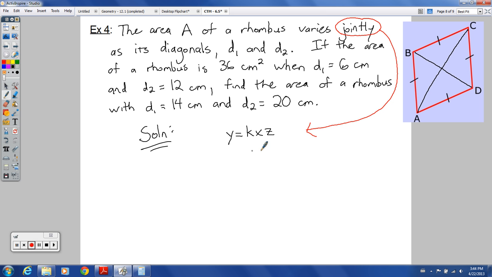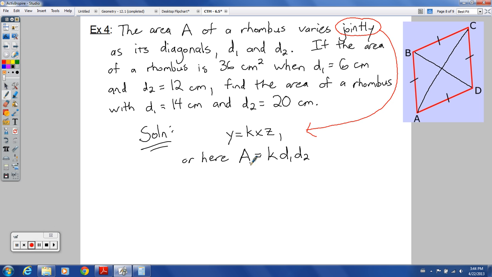So we're saying here it becomes that the area is varying jointly with the diagonals. K is still our constant of proportionality. We still need to figure that out, but also D1 and D2. So k times D1 times D2. That's what it's looking like here.